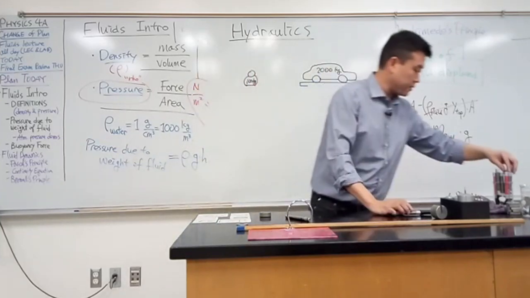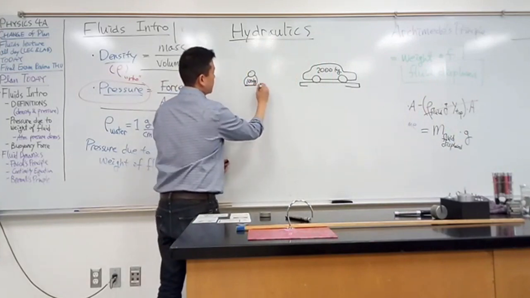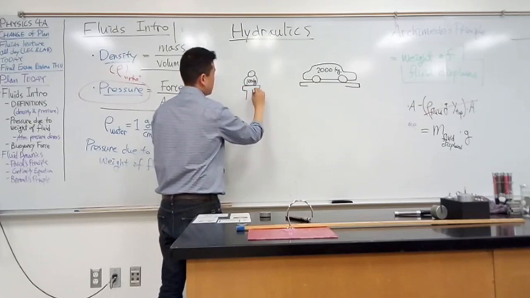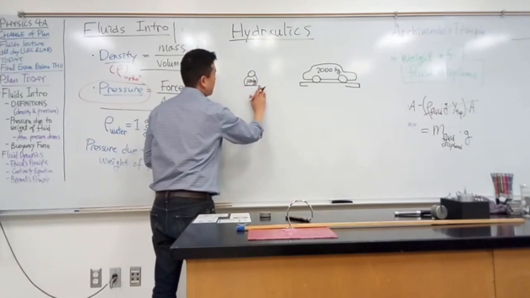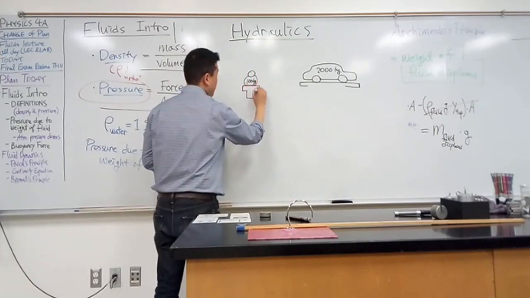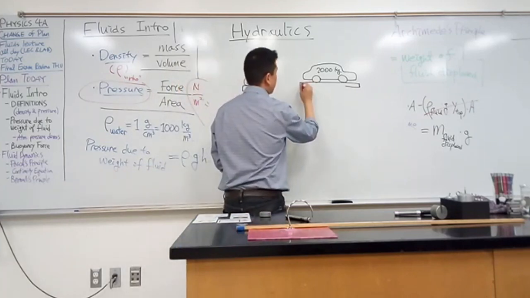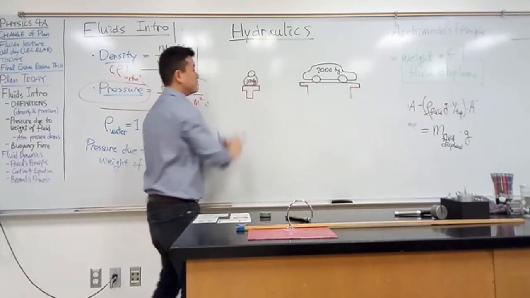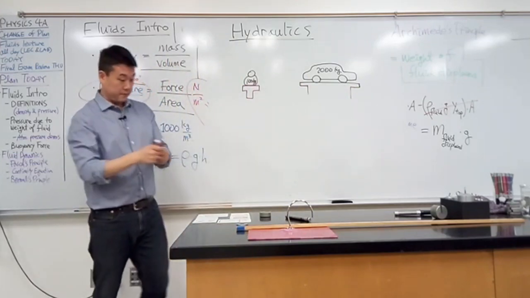This is the arrangement. You have this person standing on some kind of platform. Let's attach it to something here. This is my representation of some standing platform, and this is already on a platform that's going to be attached here. These two platforms are connected by a pipe that contains a fluid.